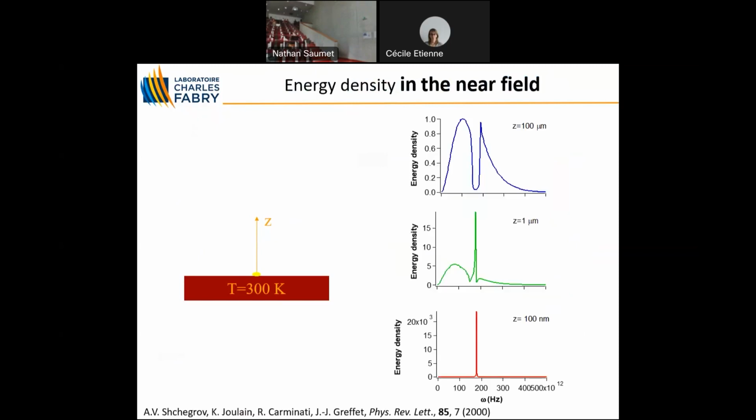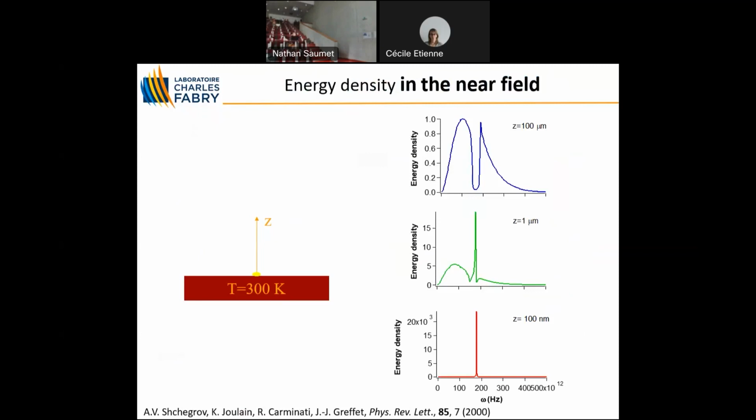So this is when you are at a distance here of 100 microns. I'm doing the calculation looking at the emission by the body, and the body is at 300 Kelvin. So keep in mind, 300 Kelvin means that the peak of the black body spectrum is at 10 microns. So when the distance is 100 microns, I'm in the far field, I'm far away.